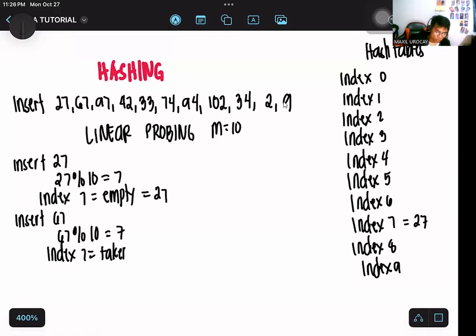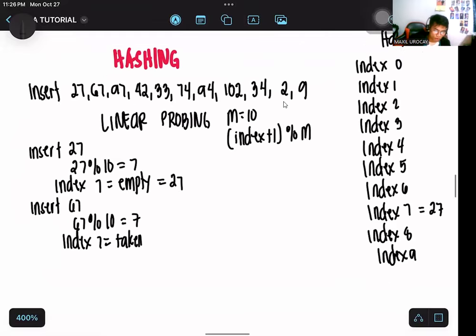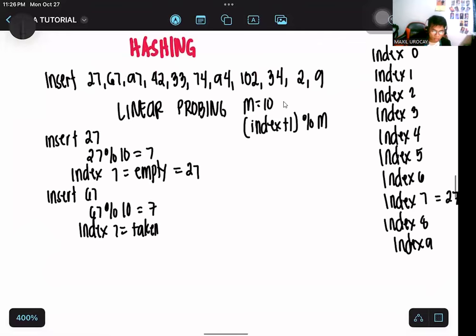So what will we begin to do? In our linear probing, the formula for that one is actually index plus 1. And of course, if ever it reaches 10 and so on and so forth, you will begin to get the modulo of m still. Now, for this one right now, index number 7 is taken. So you just have to plus 1.